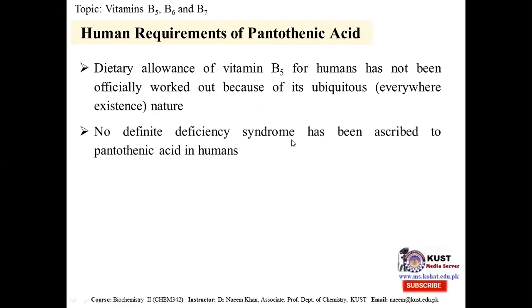No definite deficiency syndrome has been ascribed to pantothenic acid. Although 5 to 10 milligrams a day of the vitamin is usually suggested if abnormal conditions take place and a shortage comes.